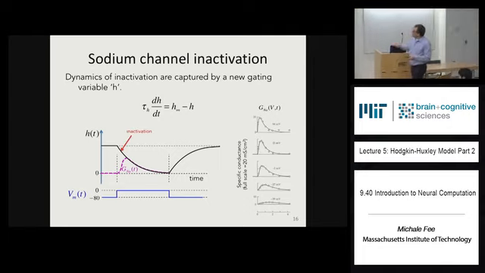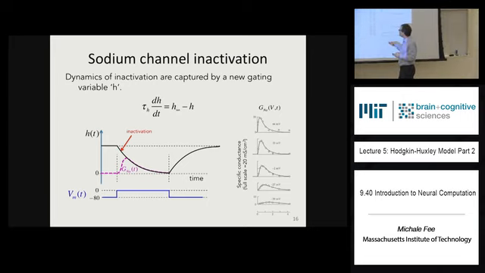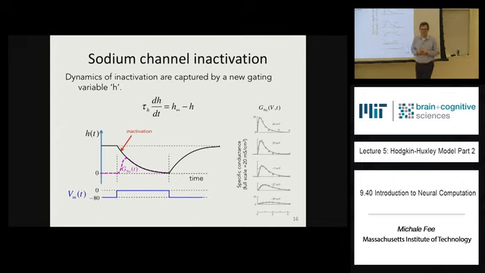Good. This h getting smaller is called inactivation. Anybody want to take a guess at what this is called? De-inactivation. Good. So there's activation and deactivation. There's inactivation and de-inactivation. Okay, those are different things. Just remember, activation is easy, right?